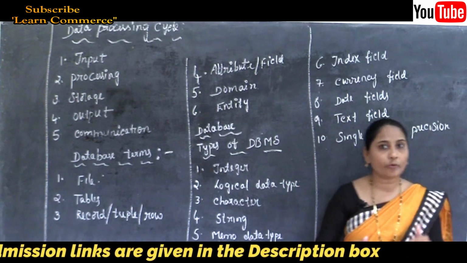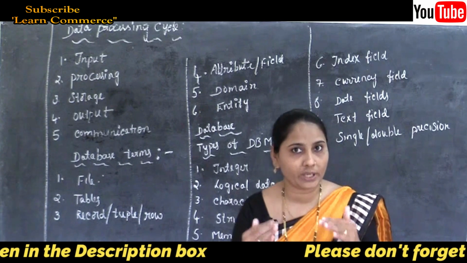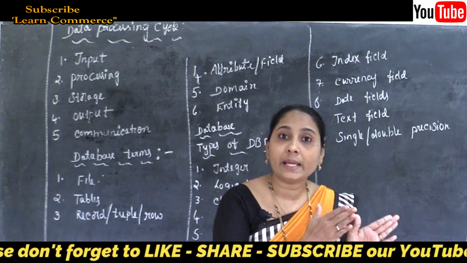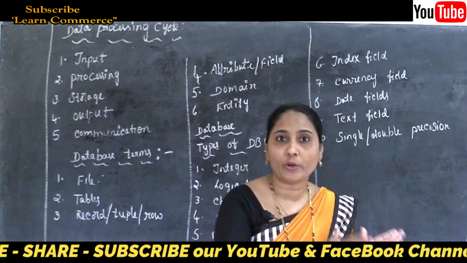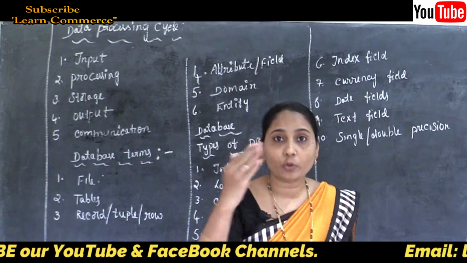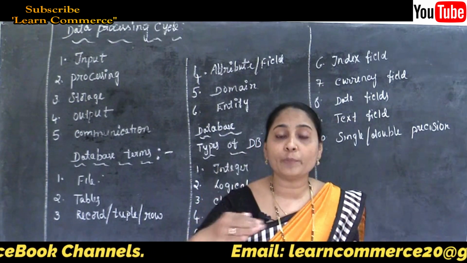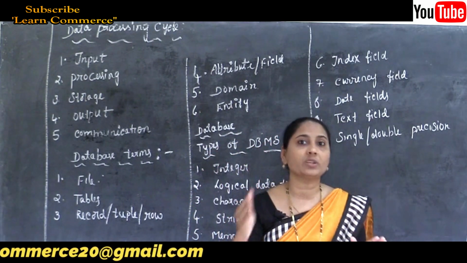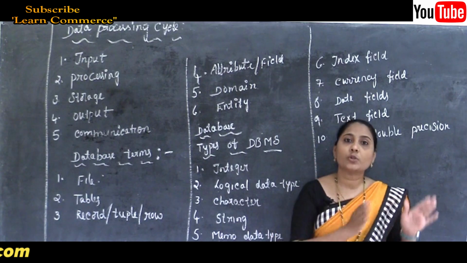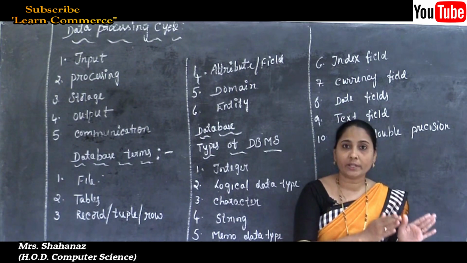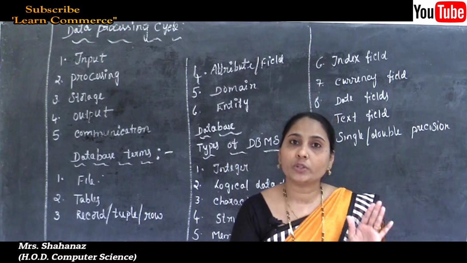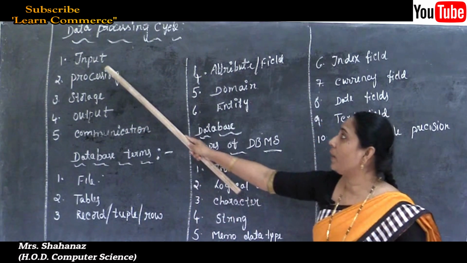When you input any data through the keyboard, the letters that are in English form are converted to machine code. The computer understands only code like machine code, the 0s and 1s. So English is converted into machine code by our input devices. So this is the explanation about our input.